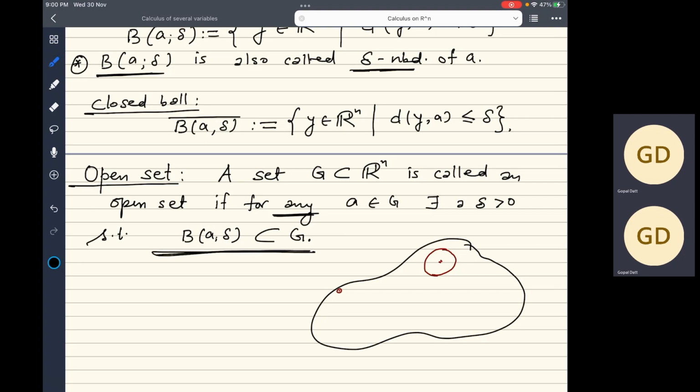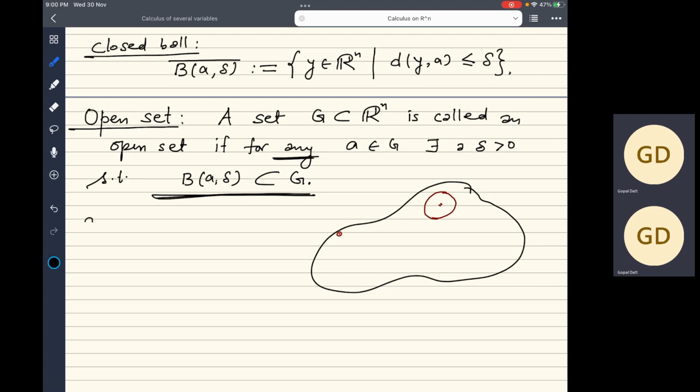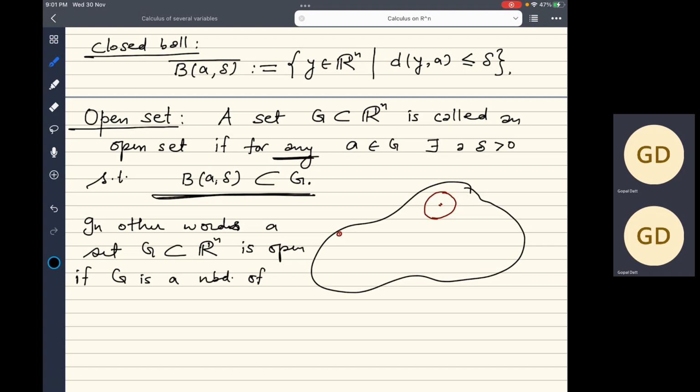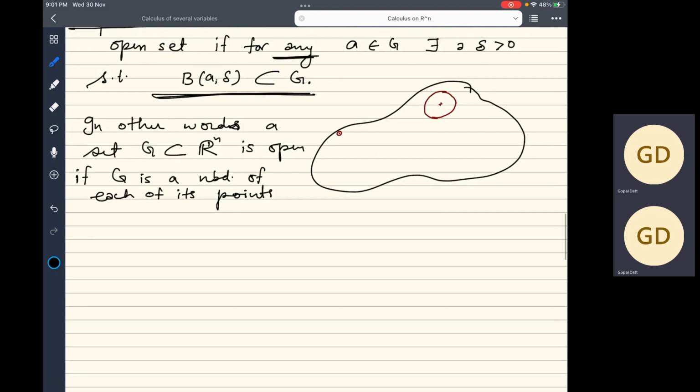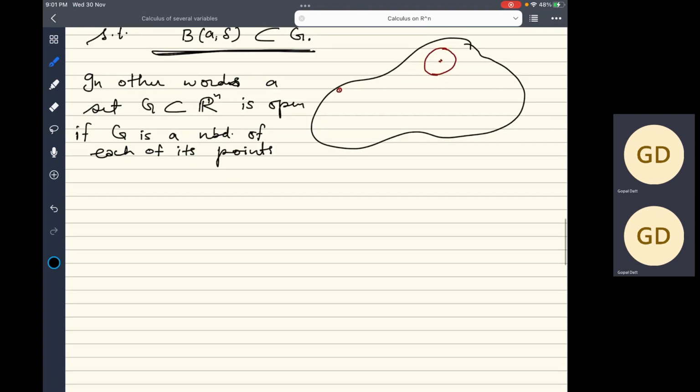In other words, a set G of Rn is open if G is a neighborhood of each of its points. Correct? We can show that any open ball is an open set. Let me write this as a result.